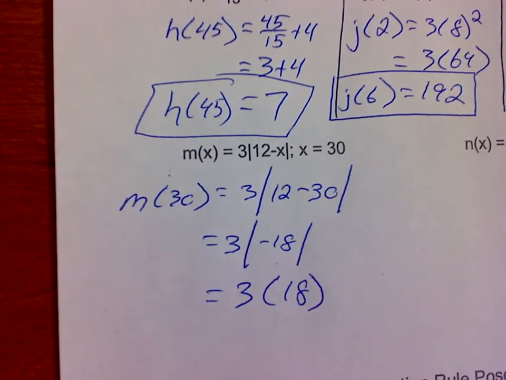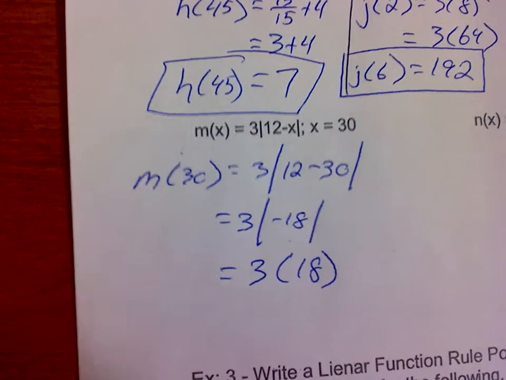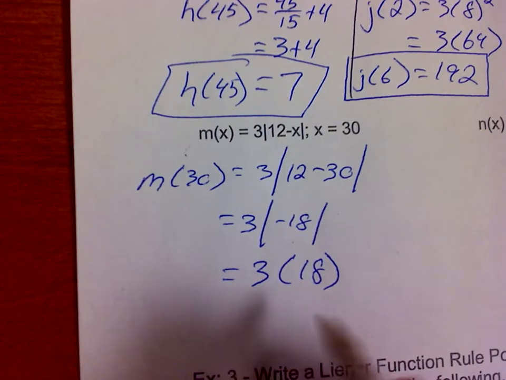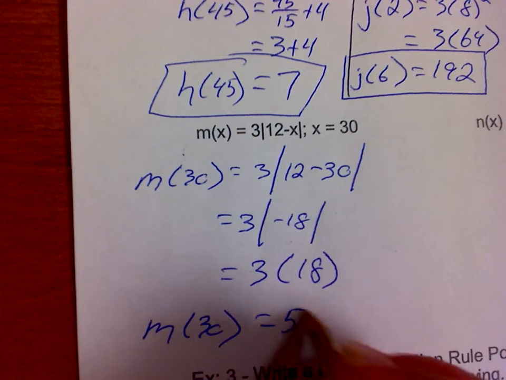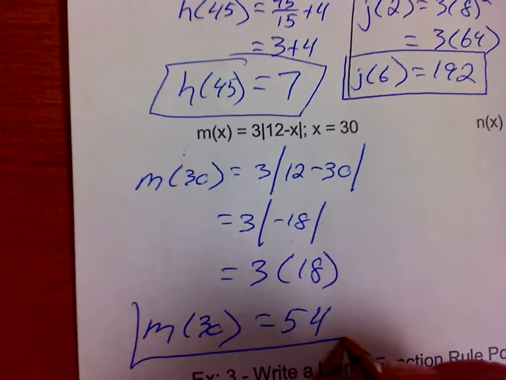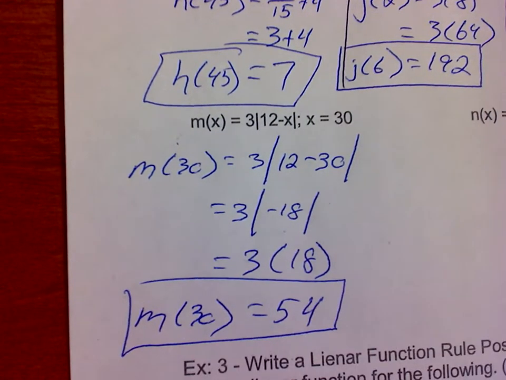But it doesn't mean change the sign. So if we had the absolute value of 20, it would still remain 20 because we don't change the sign, we just drop the negative if there is one. So here we want to go ahead and do the 3 times 18 for the m of 30, which 3 times 18 is 54.